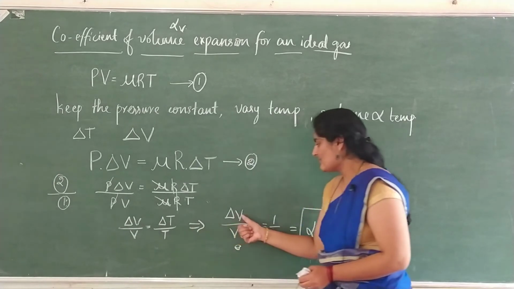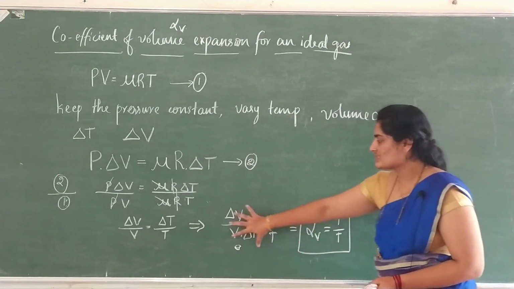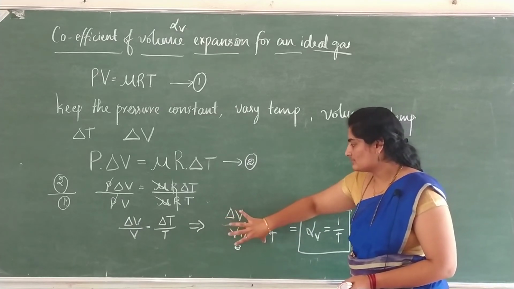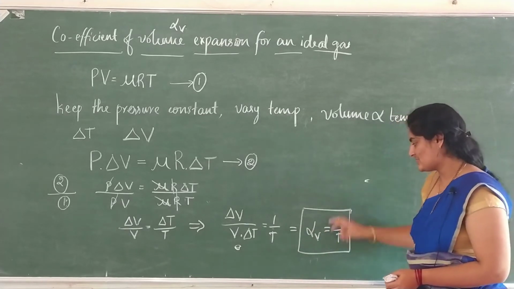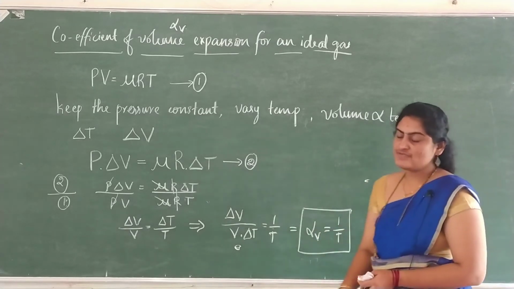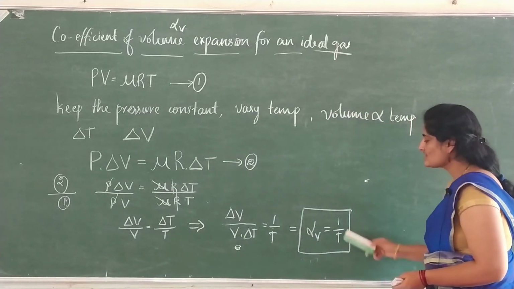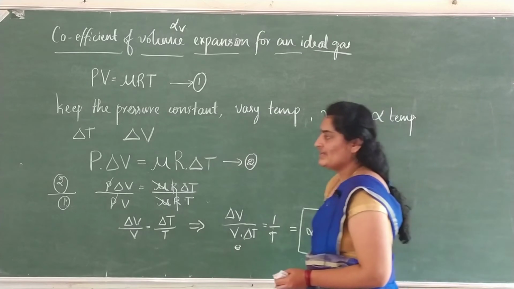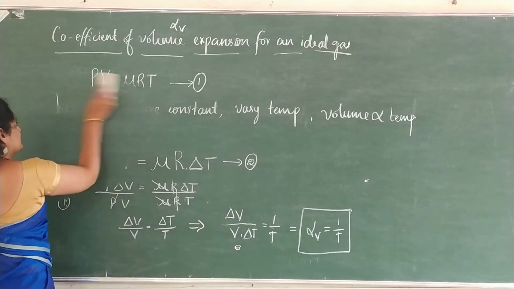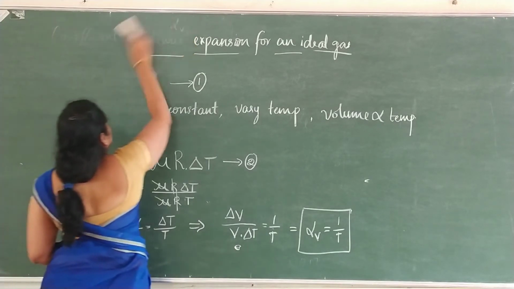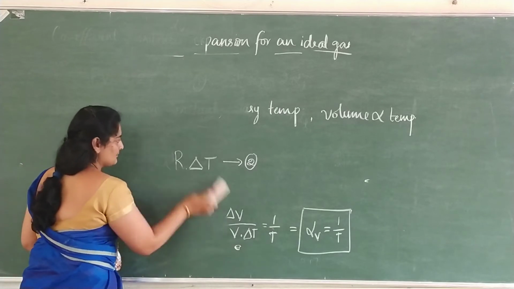So delta V by V into delta T is equal to 1 by T. This quantity is nothing but alpha V, the coefficient of volume expansion, equal to 1 by T. So the coefficient of volume expansion of an ideal gas is the reciprocal of its absolute temperature. So this is clear to you, and it is very simple and also important.